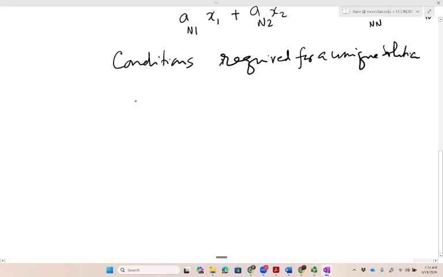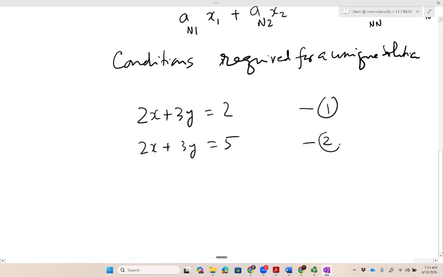So let me write down an example of two equations, two unknowns. I have 2x plus 3y equal to 2. That's my equation number 1. Two unknowns x and y. 2x plus 3y equal to 5, equation number 2.